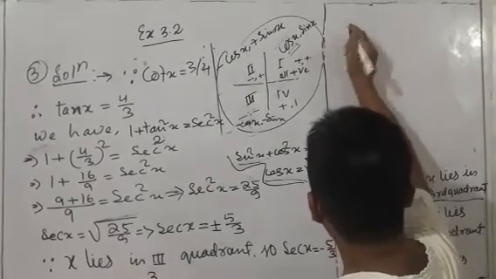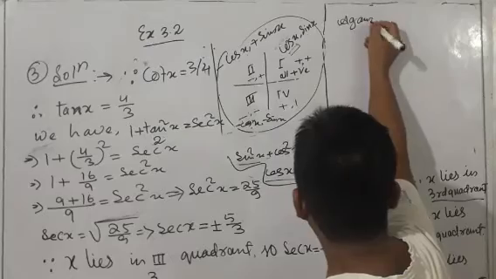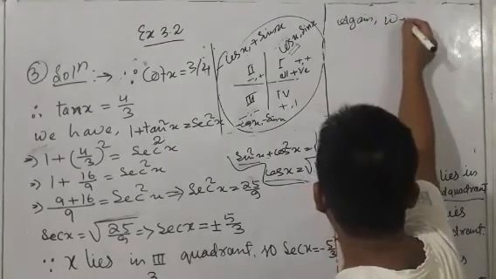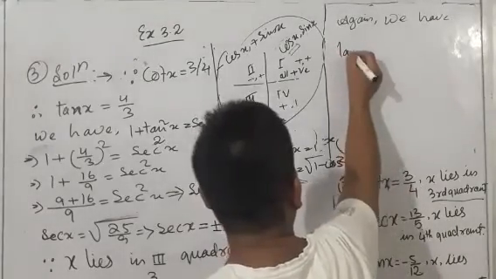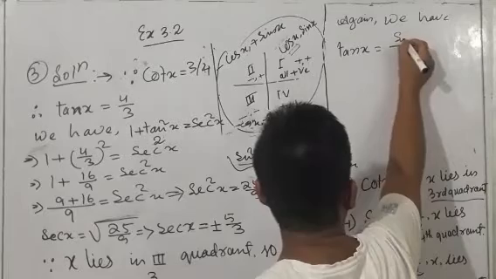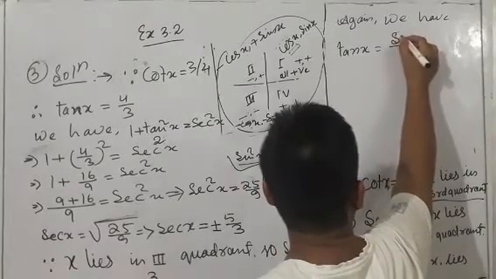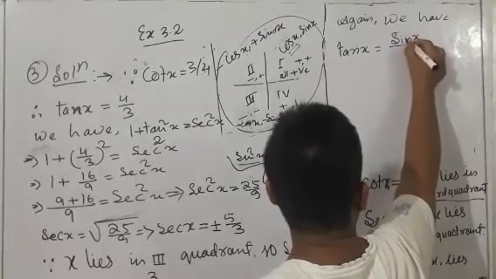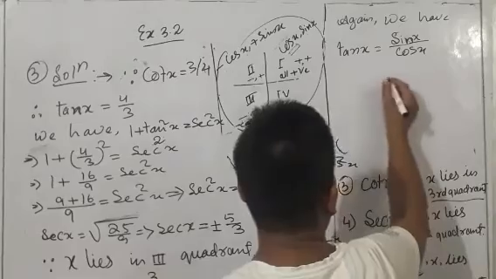okay, you write, what do we have actually? tan x equals to what? sin x upon cos x. That gives equal to what?